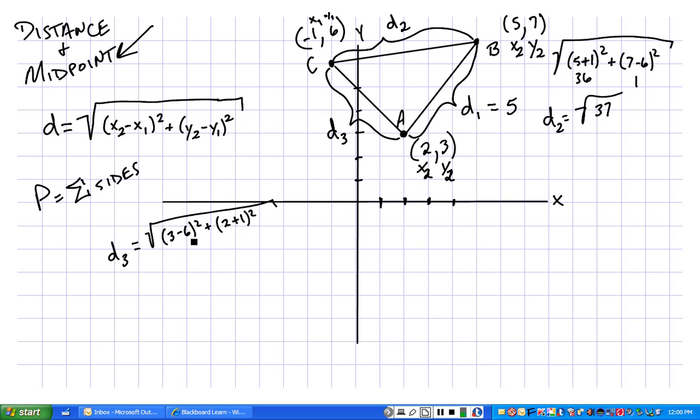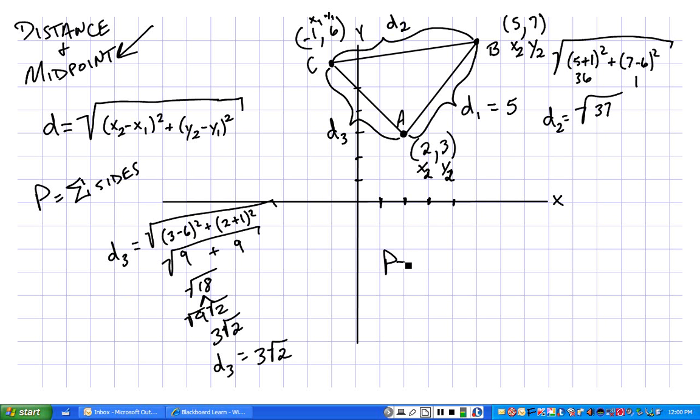That's 3 minus 6 is negative 3. Negative 3 squared is 9. 2 plus 1 is 3. That's going to give me a 9. So I'm looking at square root of 18. And that gives me a 9 times a 2. So you have square root of 9 times the square root of 2 gives you square root of 18. So you end up with 3 square root of 2. So D3 would be 3 square root of 2.